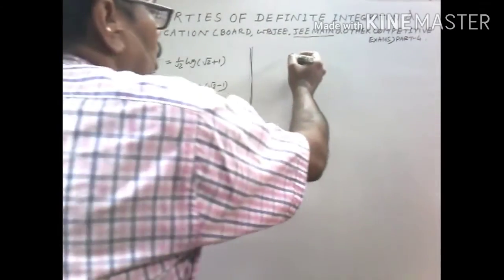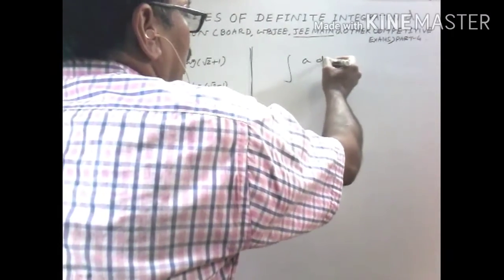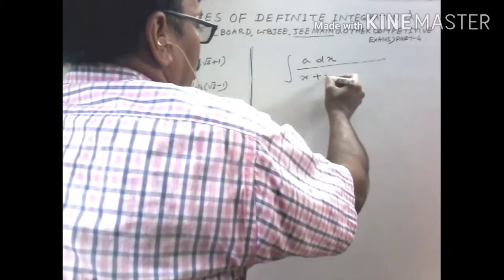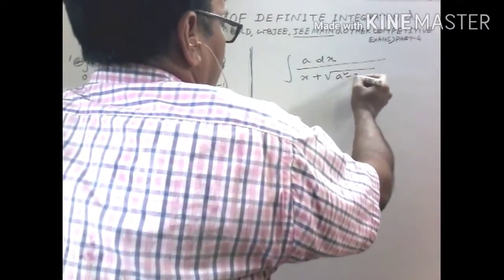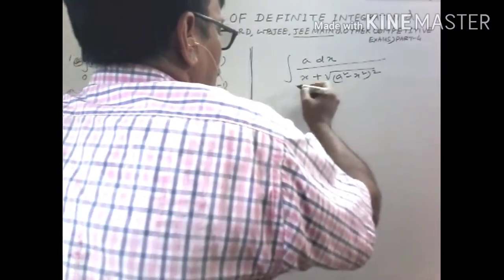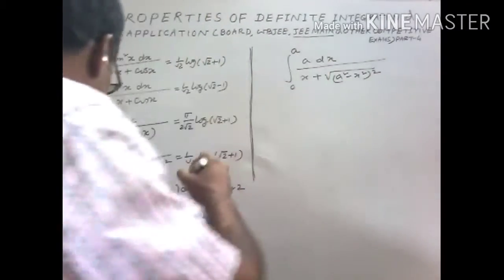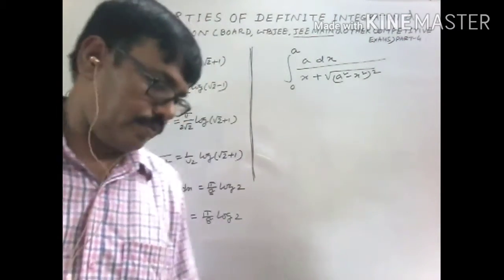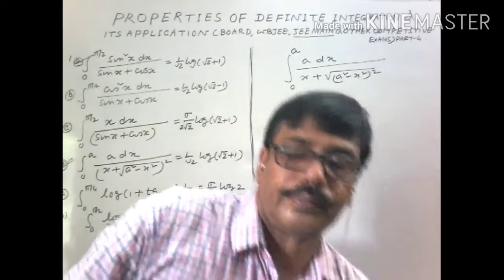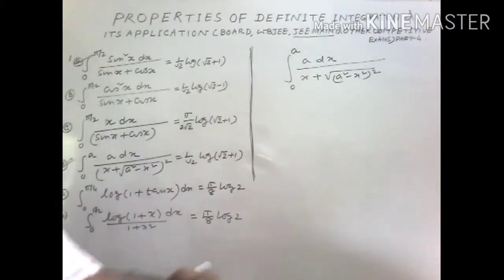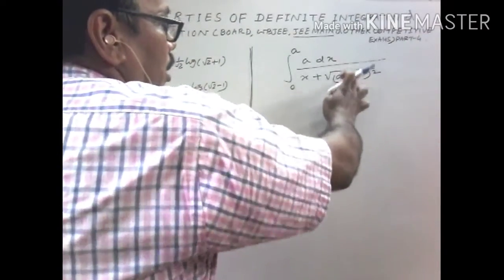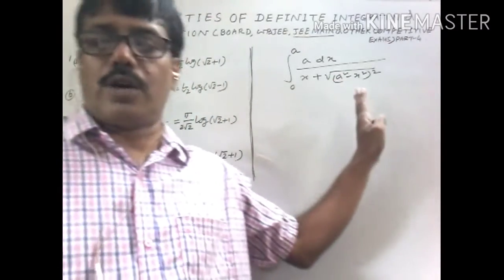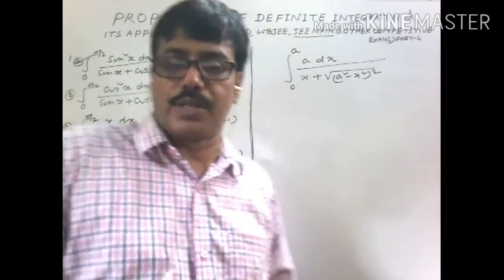So look, a dx by x plus root under a square minus x square, whole square, from 0 to a. Now a square minus x square is within root. So our main aim will be to omit the root using trigonometric transformation.